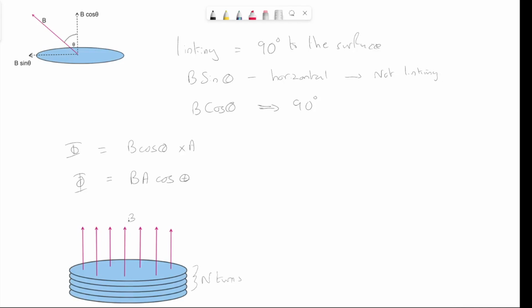The magnetic flux density is B and the area of each coil is A. Since the magnetic lines of flux link with each turn of the coil, then we define the total flux linkage as being N times phi, and therefore N times B times A. And obviously, if the lines of flux were at a certain angle theta, then the total flux linkage would be equal to NBA cos theta.